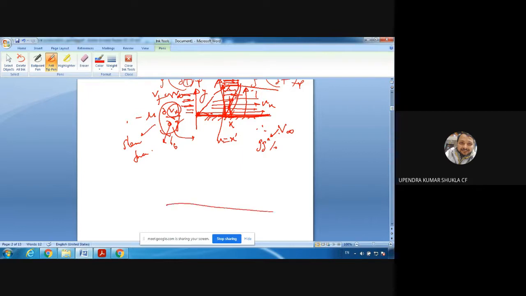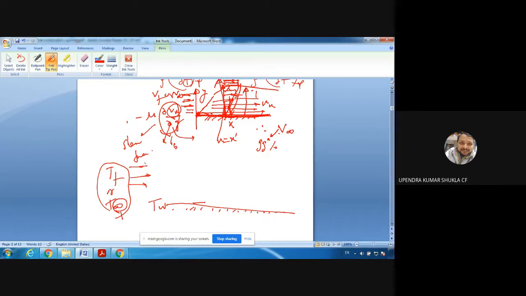Suppose this is the hot surface, with temperature TW, and suppose your fluid is coming with some temperature TF or T infinity, sometimes we represent the free stream temperature. That's why we are using the infinity subscript. Free stream means free from all restrictions, all shear forces, frictions, etc.